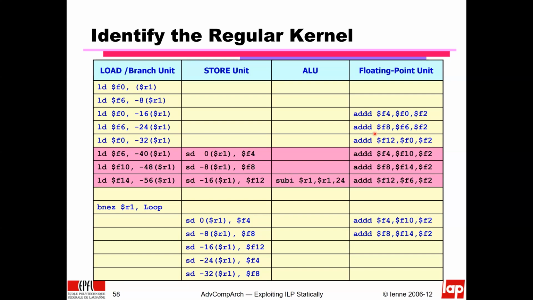And then I have all this dust, leftovers before and after. So I achieve essentially the same result that I achieved by simply unrolling, but I have a much smaller and tighter body.